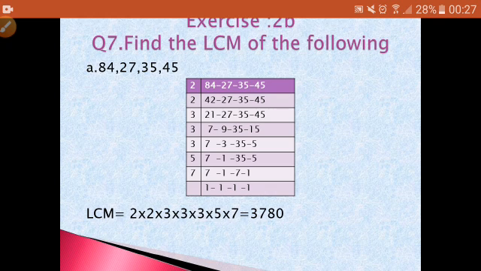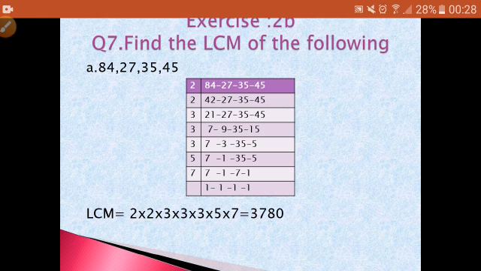See the smallest one is 7, but 7 is itself a prime number, so 7 is not divisible by any other number except itself and 1. So the next number, 9, is divisible by 3, so let's start division with 3. 3 times 3 is 9, 35 remains, and then 3 times 5 is 15.